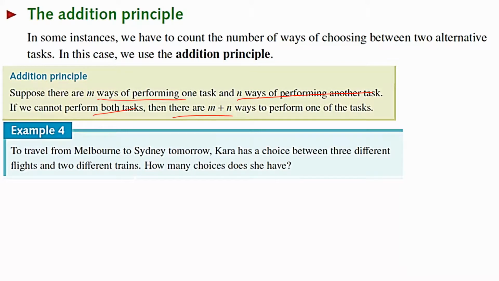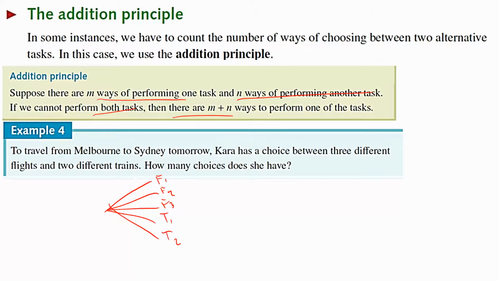So in this question, how many choices does she have then? Logically, 5. There's 3 for flying and there's 2 for train. If you think about it in a tree diagram, I'm really just saying choices of getting from Melbourne to Sydney: you have 3 flights, flight 1, flight 2, flight 3, and train 1, train 2.